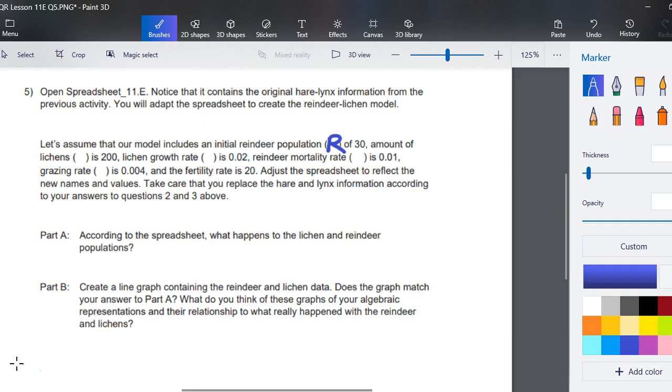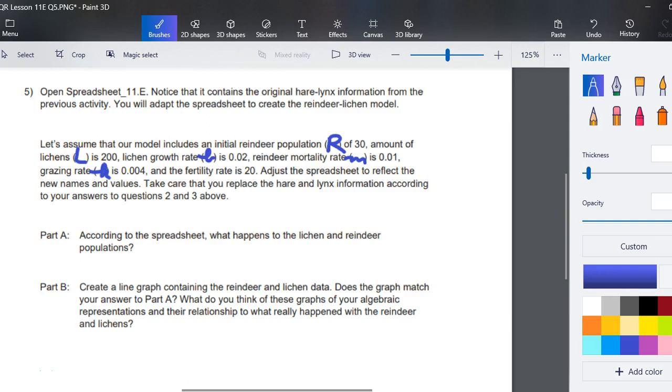The amount of lichens, L, is 200. The lichen growth rate, B, will be 200ths. The reindeer mortality rate, M, is 100th, and then the grazing rate, K, is 4,000ths.